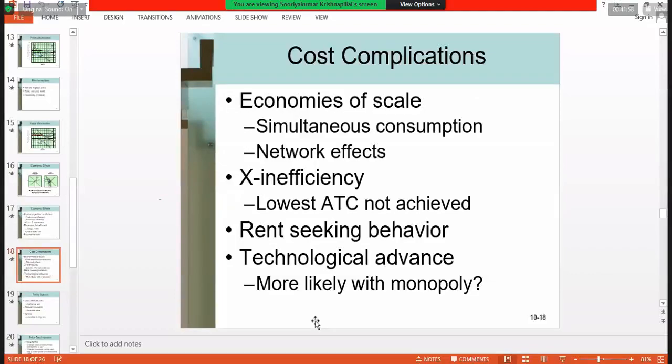Social media also. People want to use any social media that more other people use, because only then are they connected to many people. So that is the network effect. So now it is very difficult because of the network effect. Other producers cannot easily enter the market.